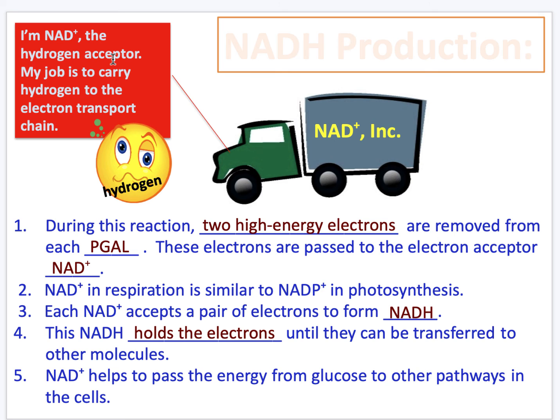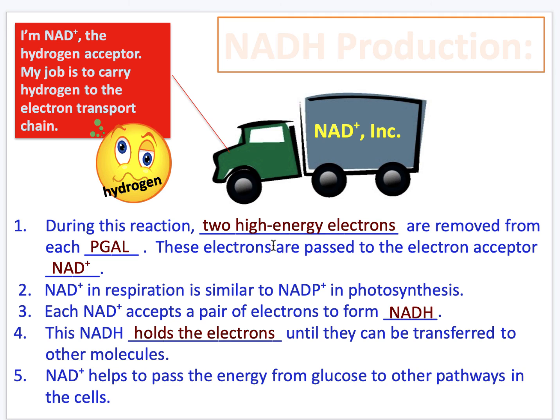Just like we have in photosynthesis, there's a hydrogen acceptor. It's NADP+ in photosynthesis. Here, it's just NAD+. Both of them accept hydrogen. My job is to carry hydrogen into the electron transport chain.